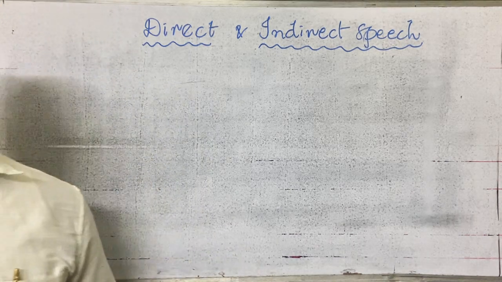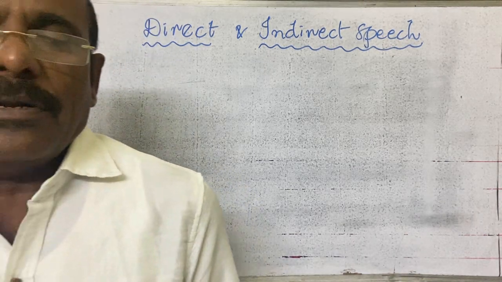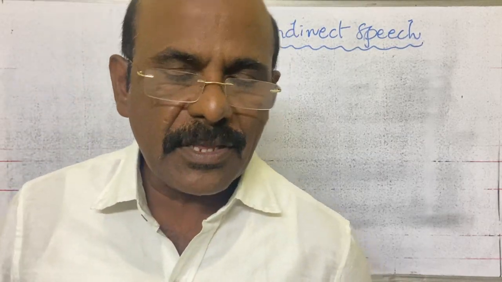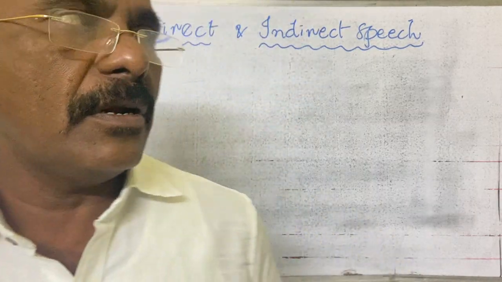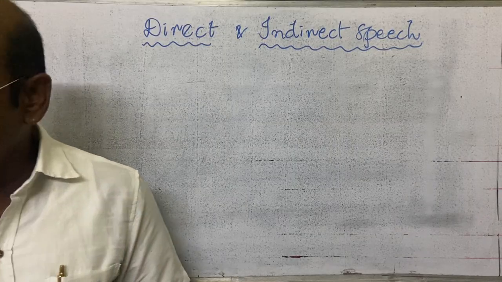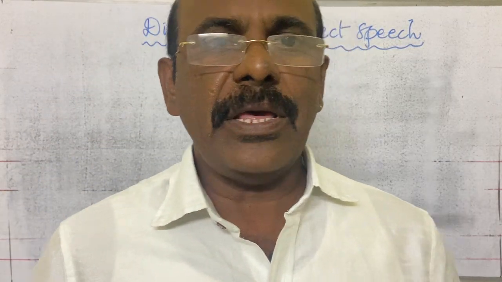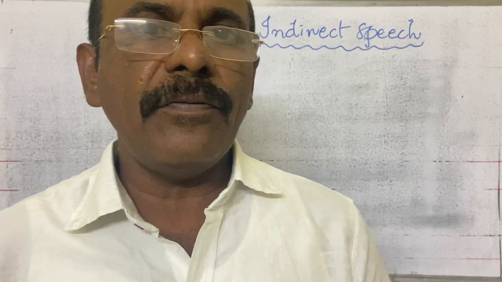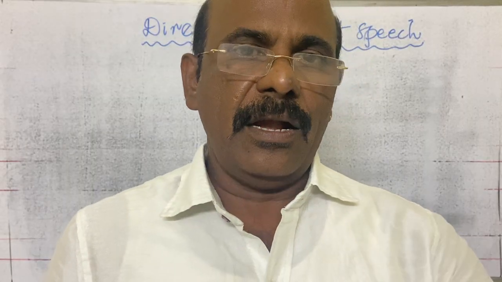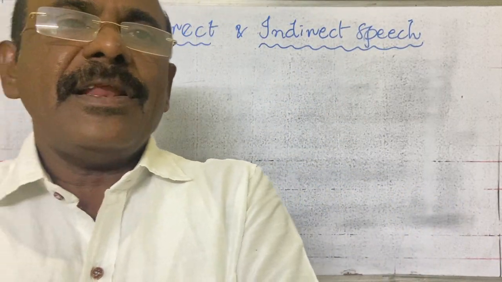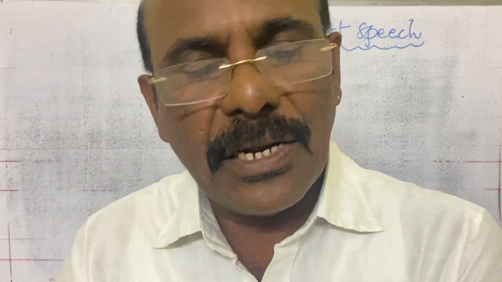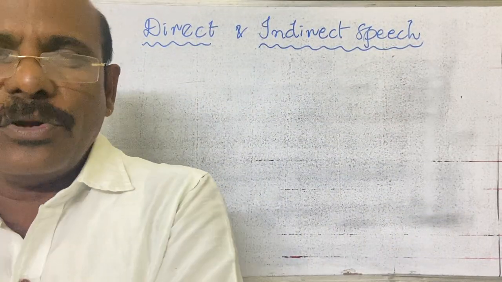Direct speech means the words spoken by a person exactly as he has spoken them. In indirect speech, another person is conveying the meaning of the words of that person indirectly. Actually one person has spoken, and another person is explaining or speaking about that sentence. That is indirect speech. More than this is not needed.